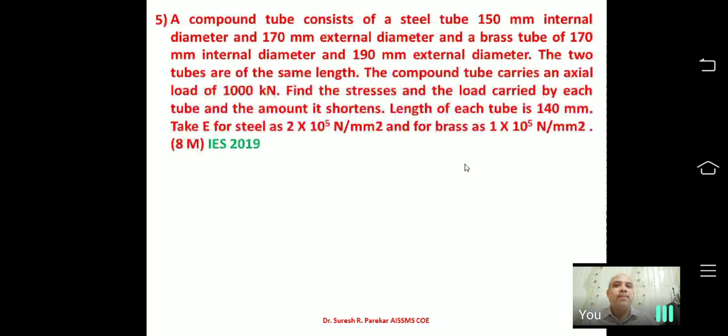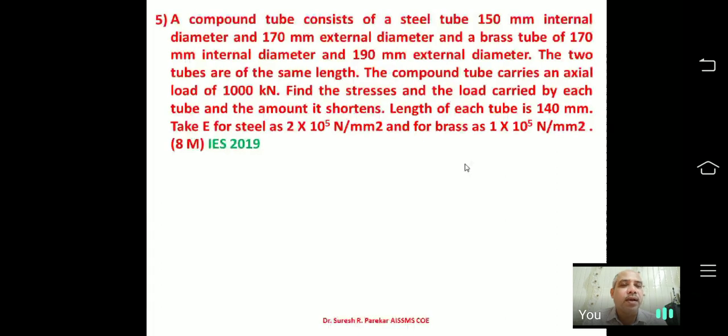Now we will switch over to the next problems. I have taken around 5 problems from IES, from the last 3 papers: 2019, 2018 and 2017. Before 2017 the pattern changed, and I have not collected problems on axial stresses from those.